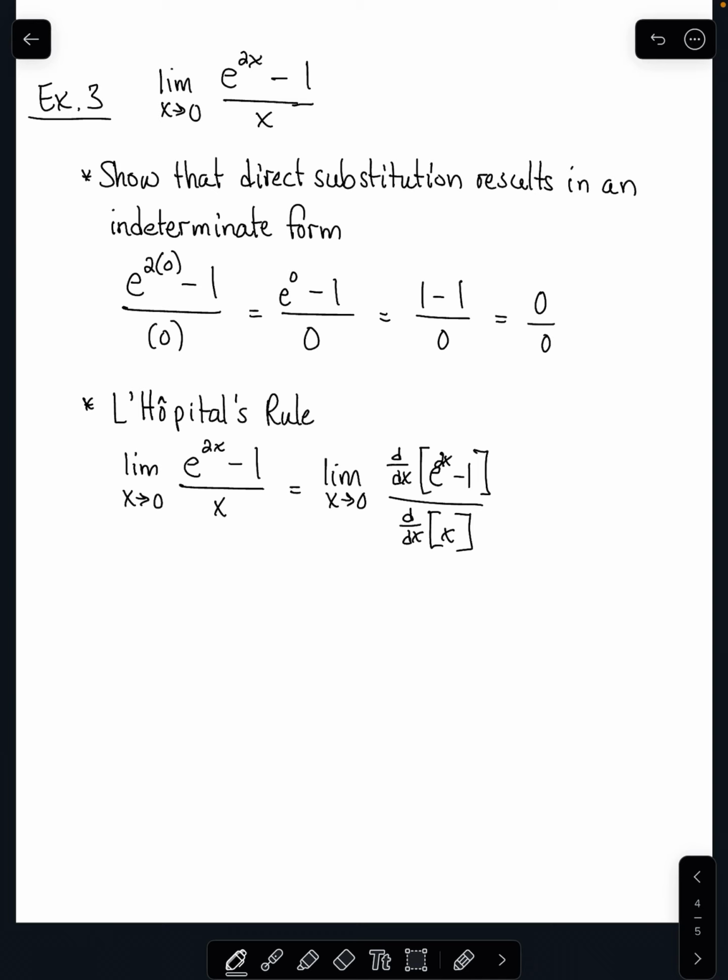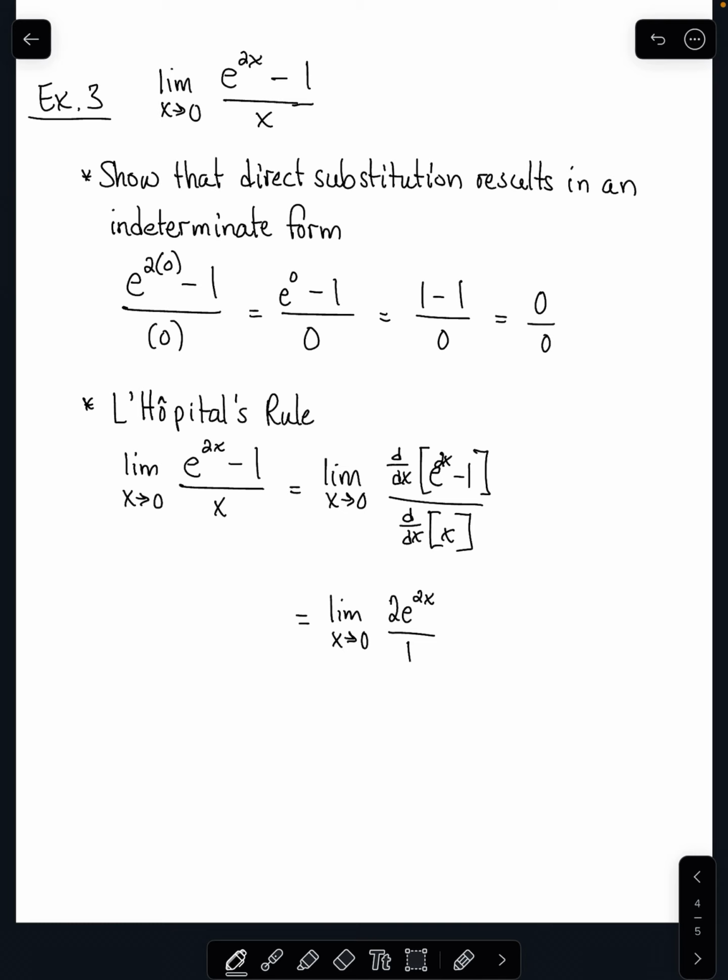L'Hopital's rule and the quotient rule are easily mistaken with each other. Please be careful of that. The derivative of the numerator will be 2e to the 2x, and the derivative of the denominator will simply be 1.